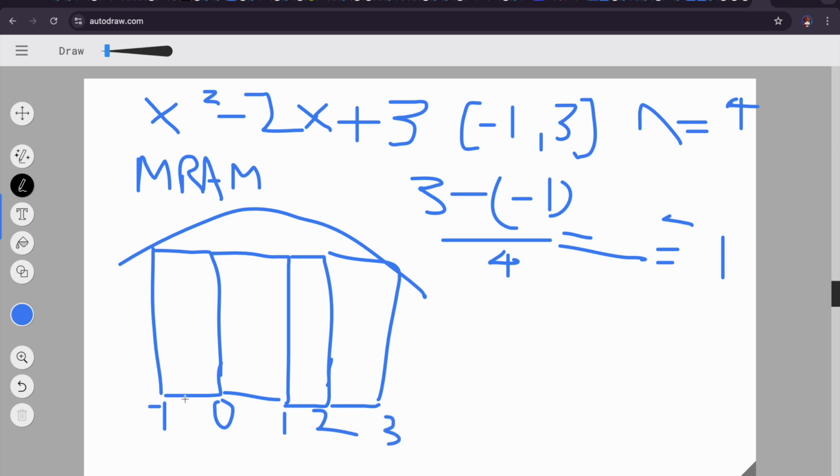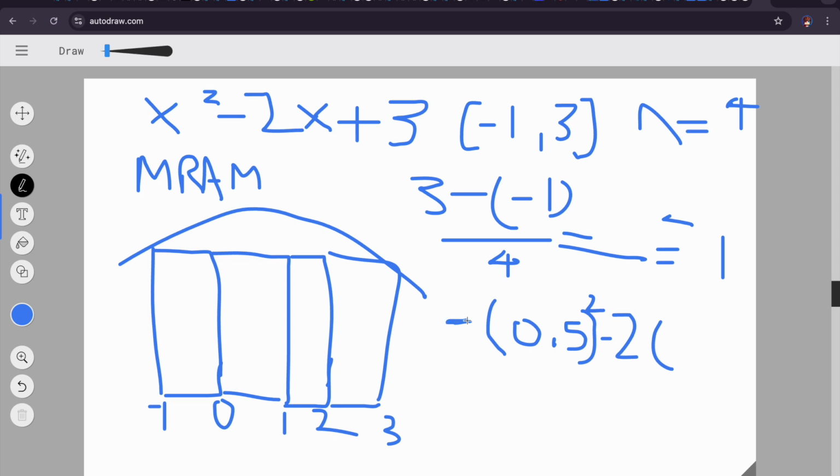And now we're going to try to find the intended height by plugging in 0.5 or -0.5 specifically for this value in here. And 0.5, plug that in, 1.5, 2.5, because we're doing the MRAM, using the middle to find the intended height. So -0.5 squared minus 2.